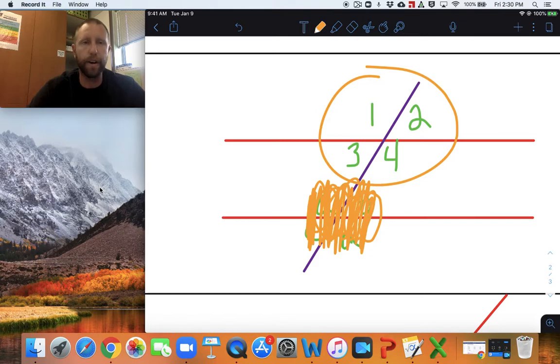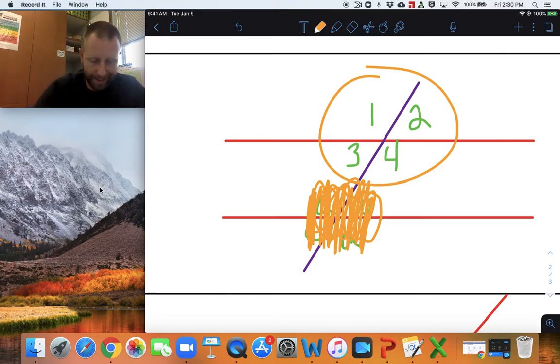Well, if I cover up those angles and only focus on the bottom ones, we could do the same thing. For the bottom intersection, we could say which one was in the upper left position, the upper right, the lower left, and the lower right. And the way that that's going to show us the corresponding angles is we see which ones are in the same position just at the different intersections.